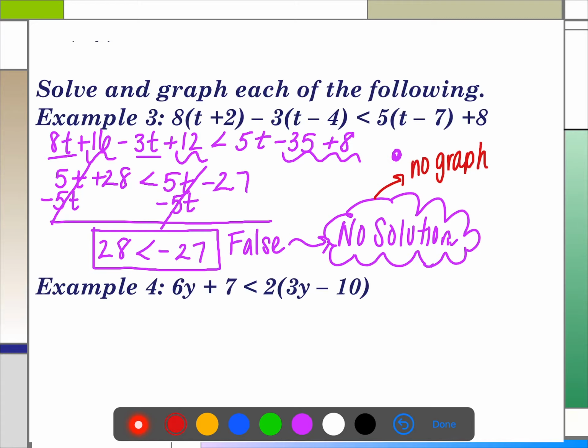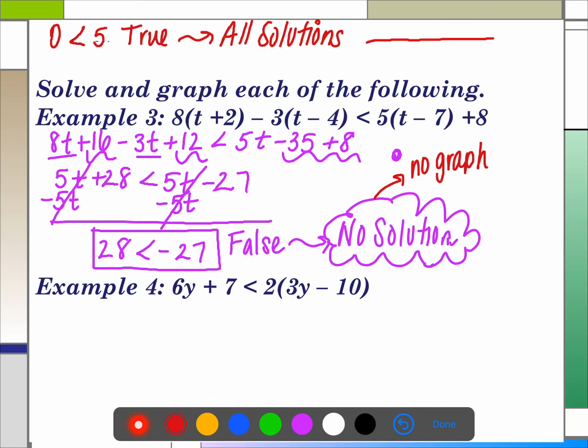Now side note to this, if we got a true statement, so let's say I have 0 is less than 5. This would be true. And I know that true is all solutions.